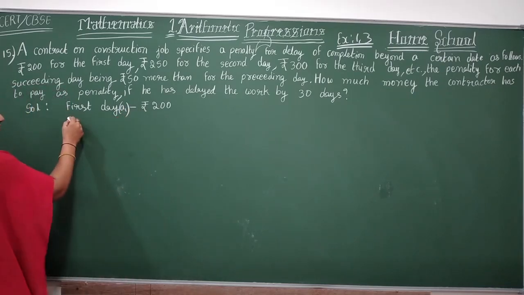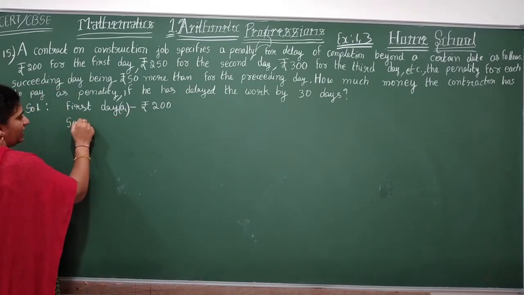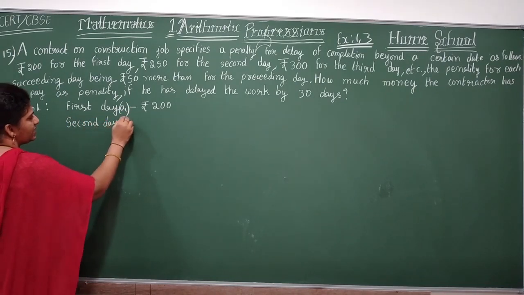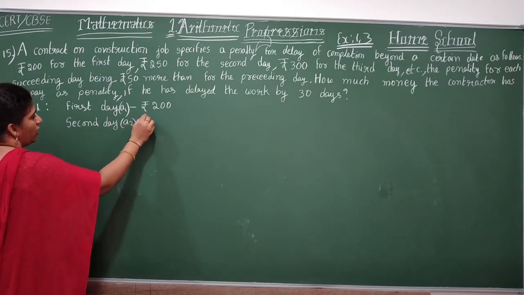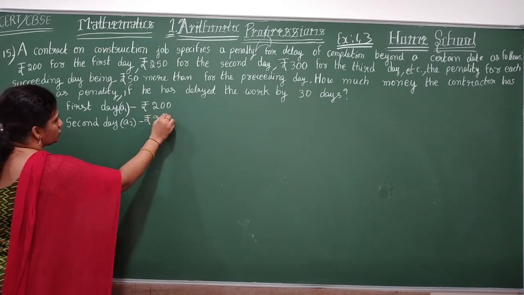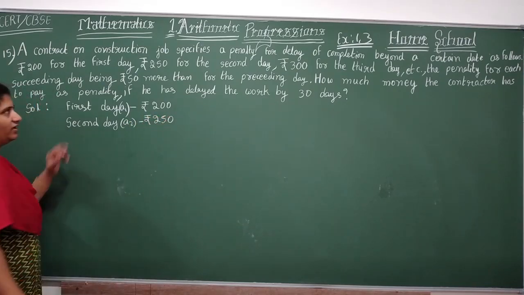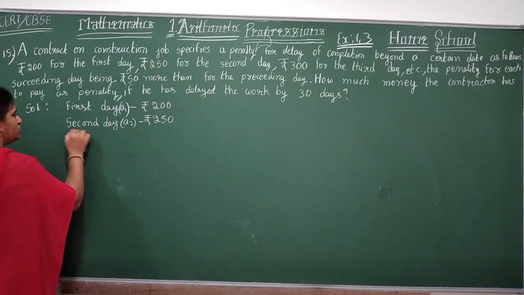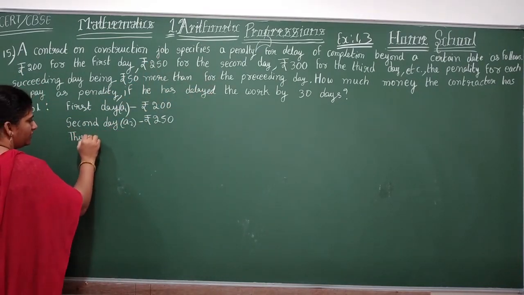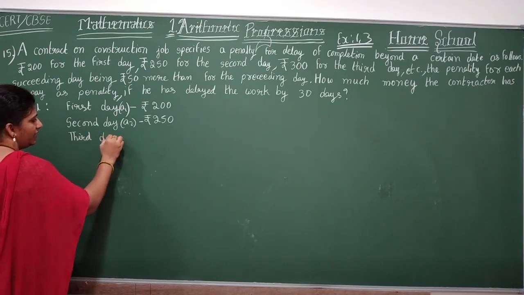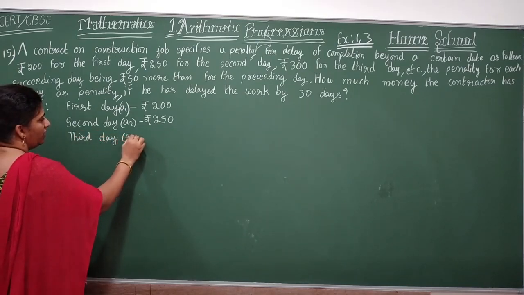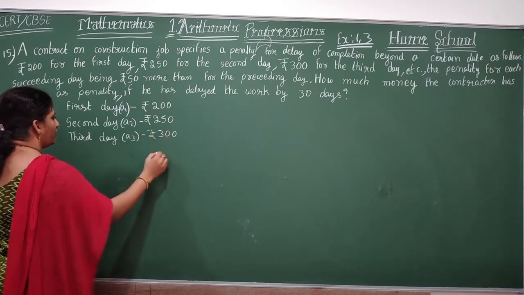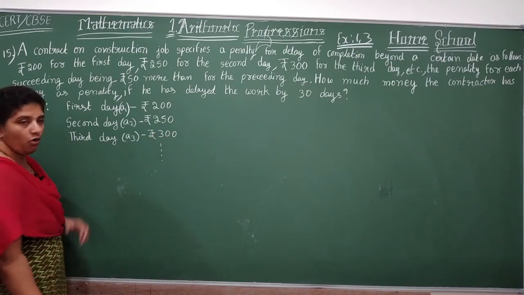If he had not completed, then second day, how much he has to pay as a penalty? Second day, let it be A2. Rupees 250. And for the third day, he has to pay how much penalty here? 300 rupees and so on.